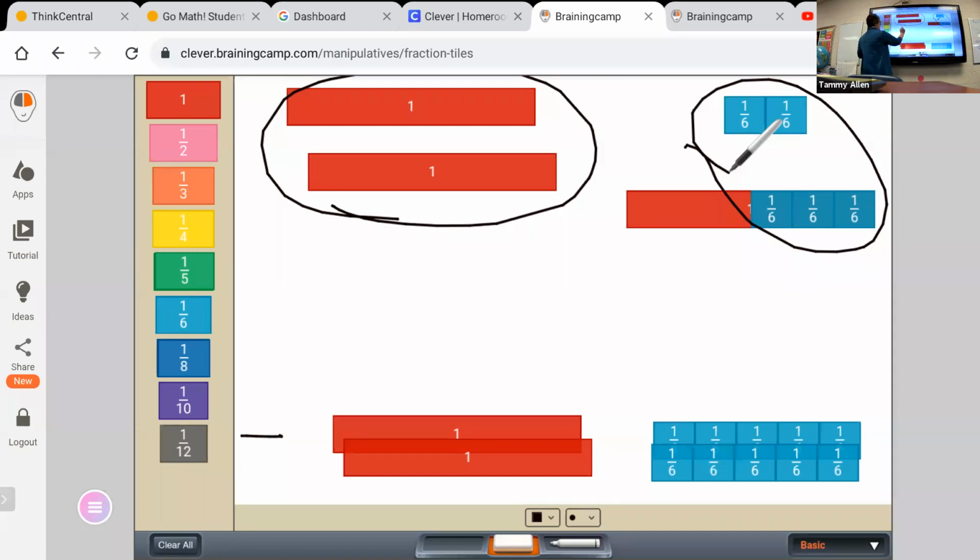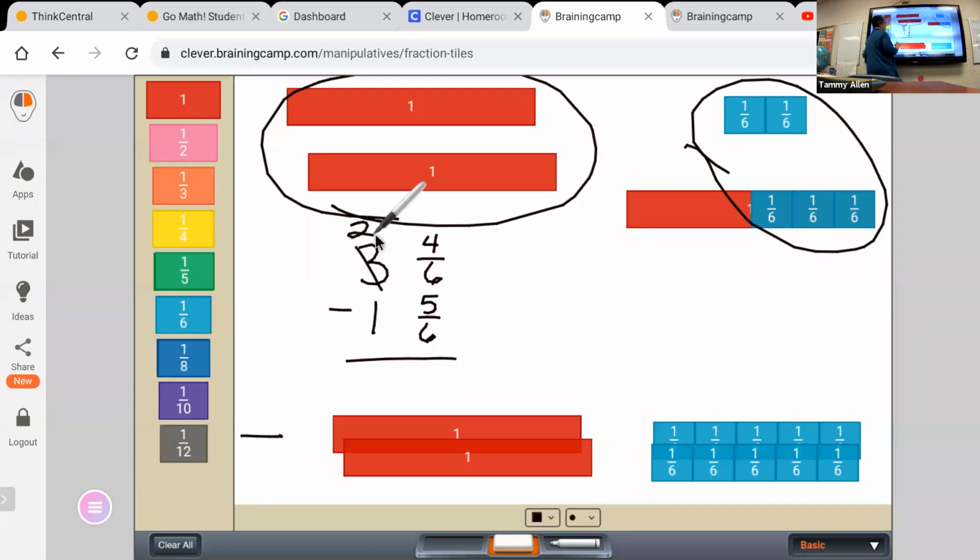Watch. We started out with 3 and, what do we have here to begin with? 4/6 up there. And we were subtracting out 1 and 5/6, weren't we? We traded one of those in for what? 6/6, didn't we?